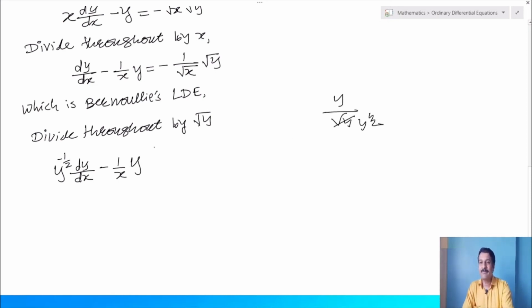So I am getting y raised to half there in the numerator, and that is equal to minus 1 by root x, and this root y will get cancelled.